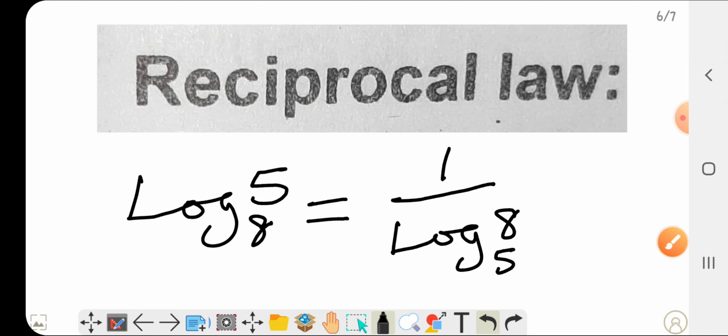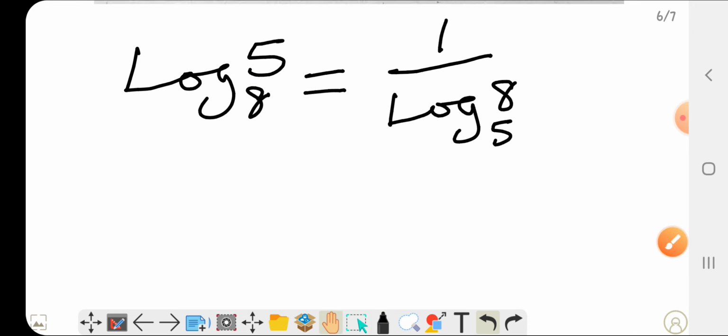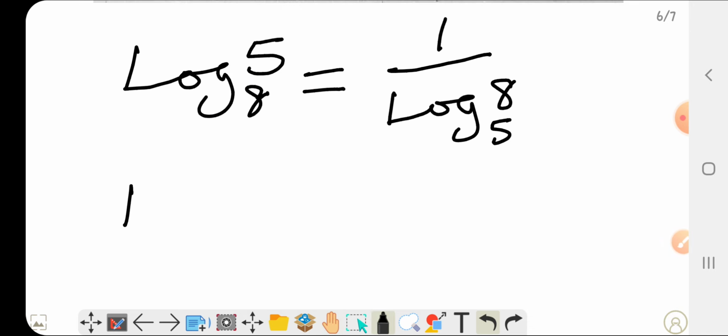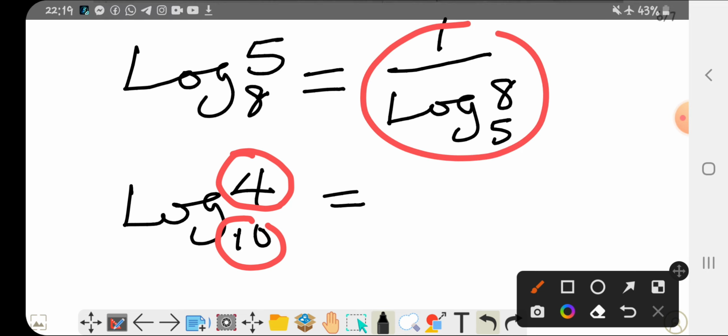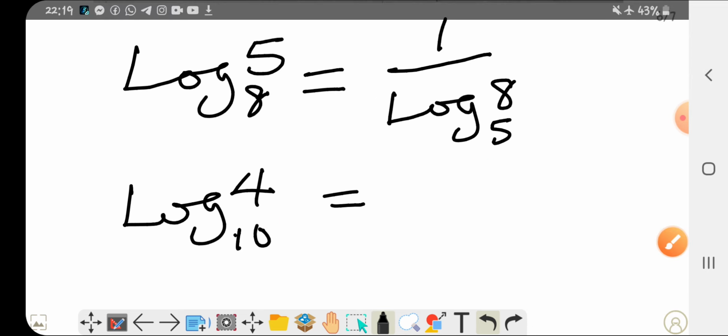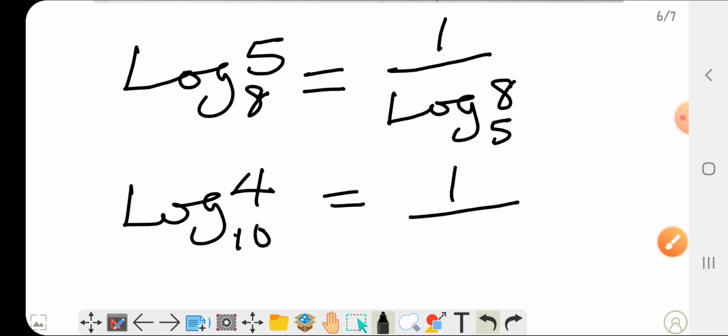So that's it. Even if you have another one here, log 4 base 10, and you wish for the 4 to be the base and the 10 to be the number, just apply this reciprocal law, just fix 1 there. So you now have 1 over, and anything you're writing now must swap the values.